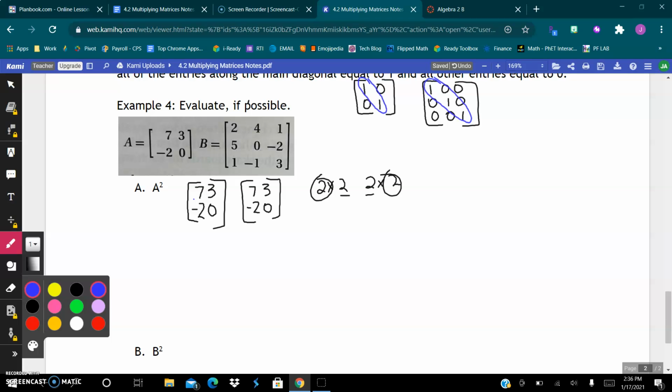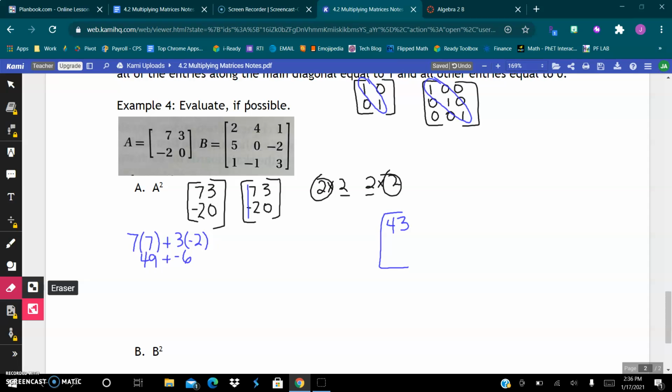So when we multiply the first row and the first column here, we're going to have 7 times 7 and 3 times -2. So that's going to be a 49 and a -6. So our first answer is going to be 43.